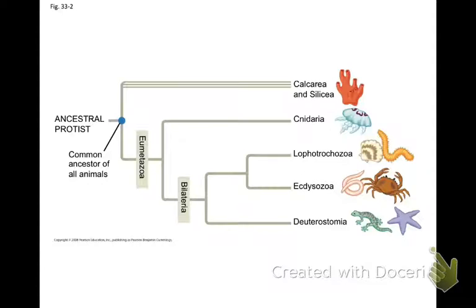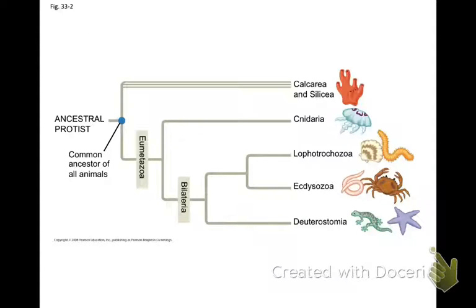So if we look at the general phylogeny of animals, we have them organized here basically according to their complexity and their developmental plans.